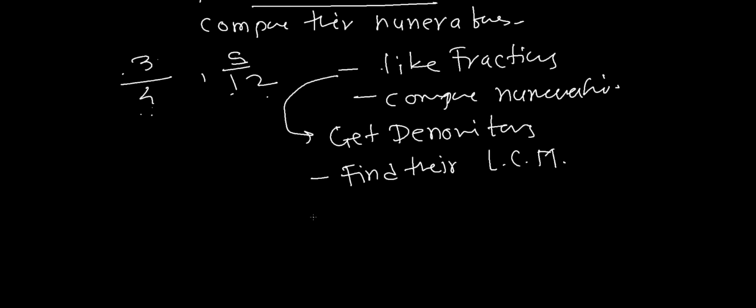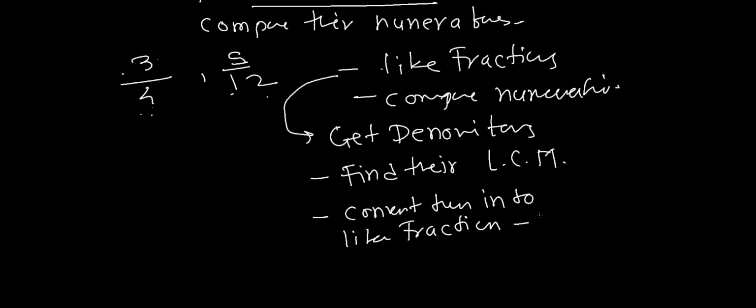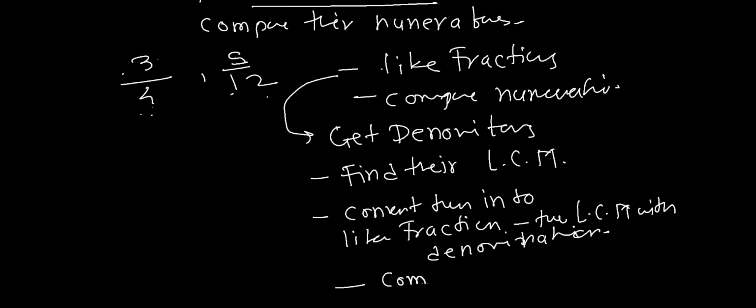Then convert them into equivalent, like fractions by multiplying to make the denominator equal to the LCM. And finally compare the numerators. So we will just do these steps for these fractions.